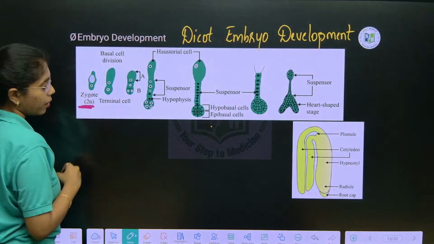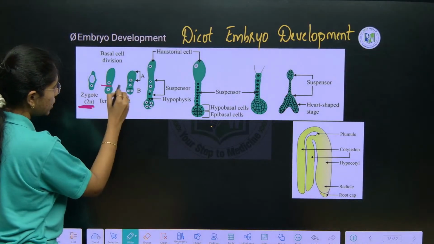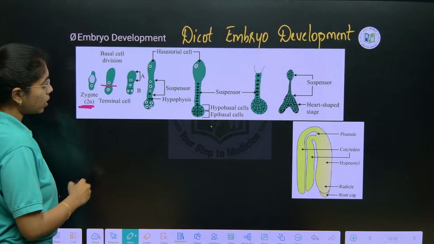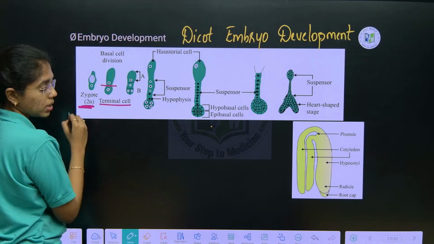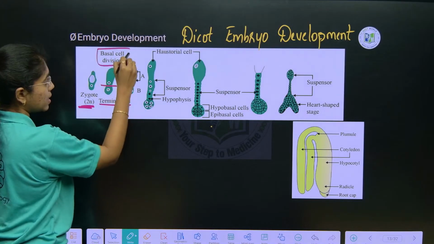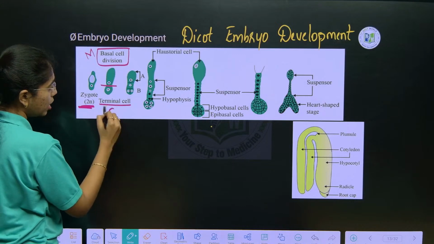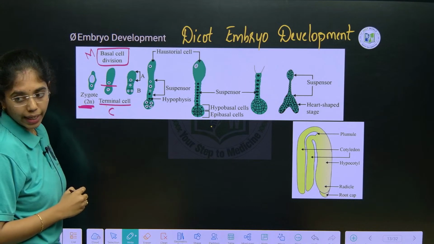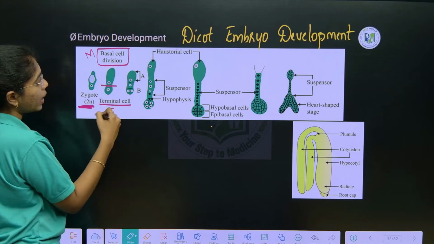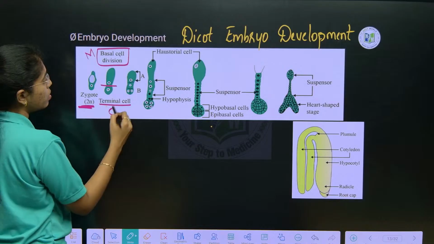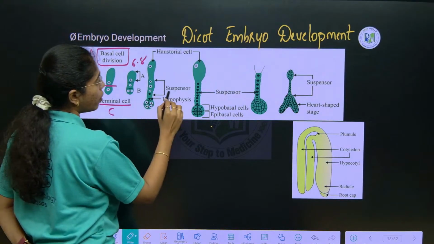So, one zygote cell will undergo mitotic division, first transverse division. The first transverse division will help in the formation of two cells, one is the terminal cell, one is the basal cell. The basal cell is at the micropylar end, the terminal cell is at the chalazal end, that is towards the antipodals. Here this basal cell will again undergo sequential mitotic divisions, like 6 to 8 mitotic divisions, and this will form what?